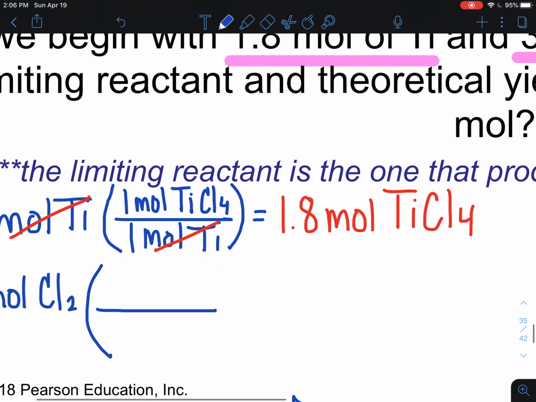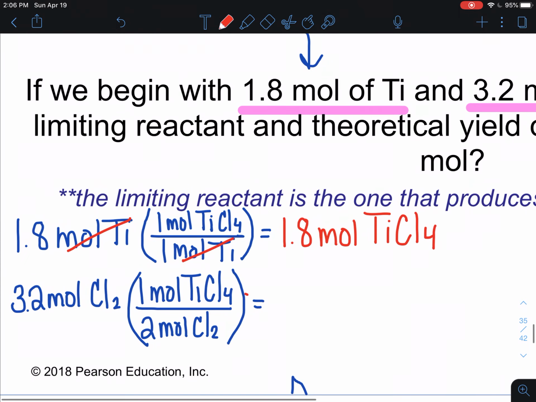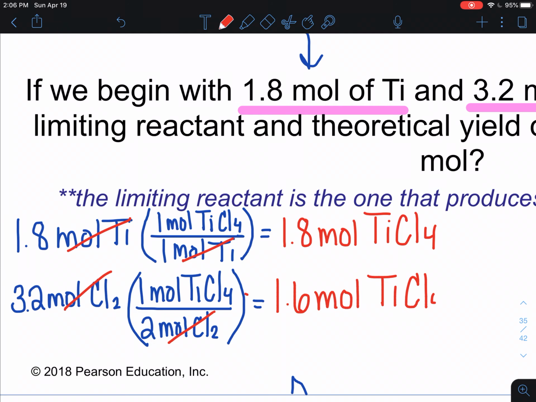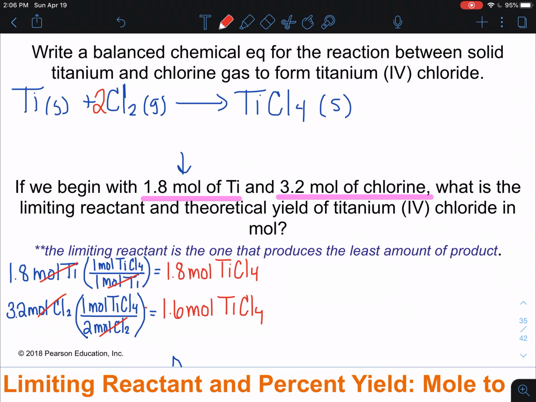So moles chlorine cancel, answer is left in mole titanium chloride, and so we end up with 1.6 mole titanium chloride.